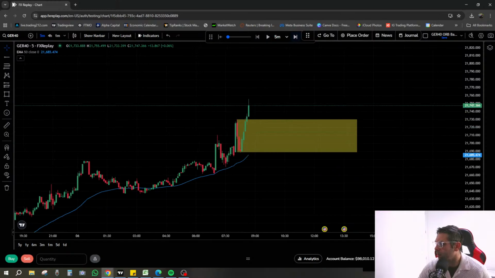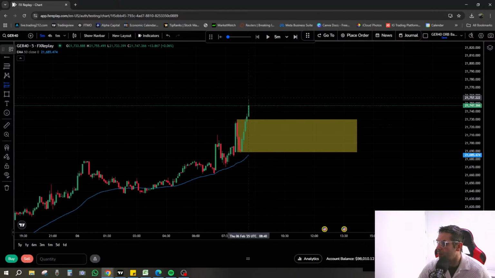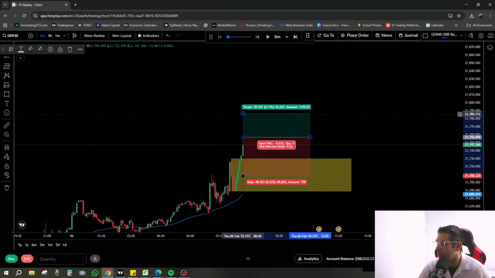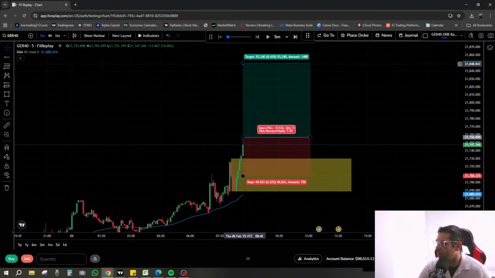We have a break. It's quite a good one. So in this case, I will place a buy order right here. Stop at the middle of the range. And go for a 1 to 2.